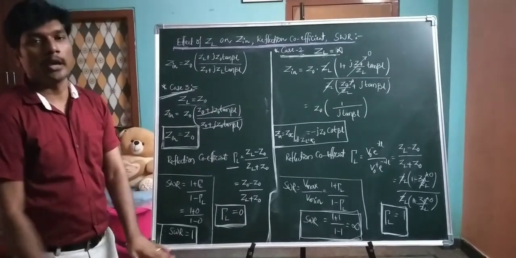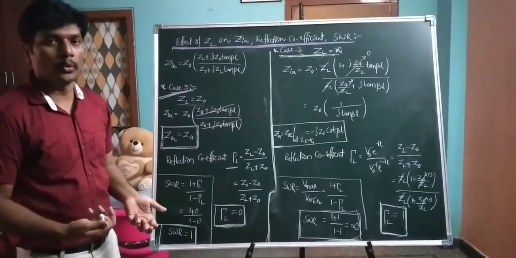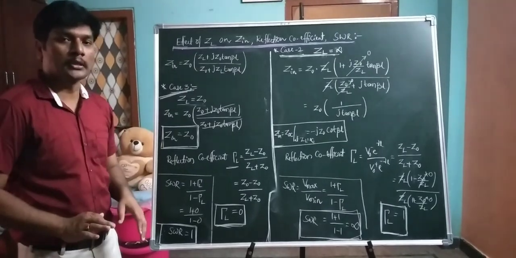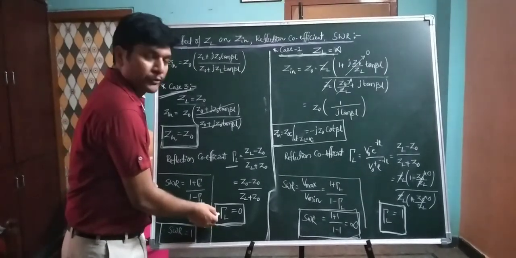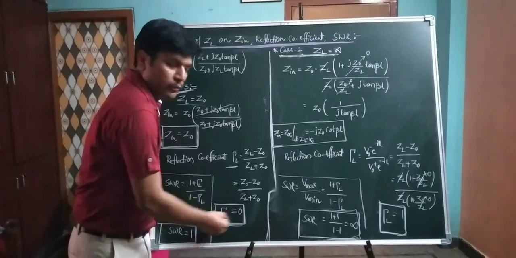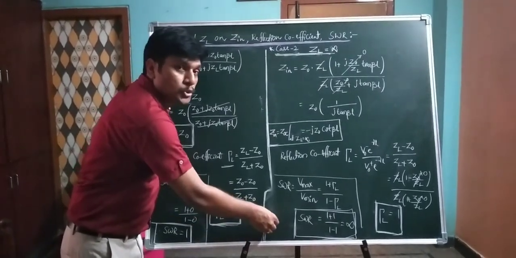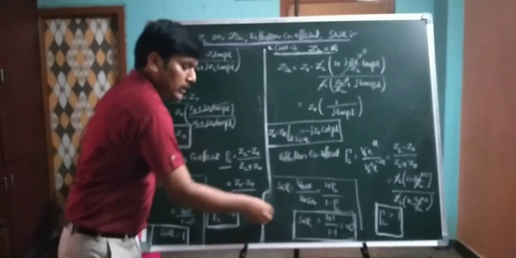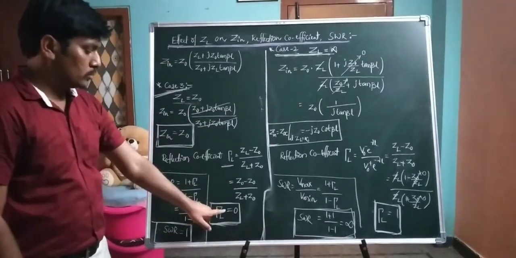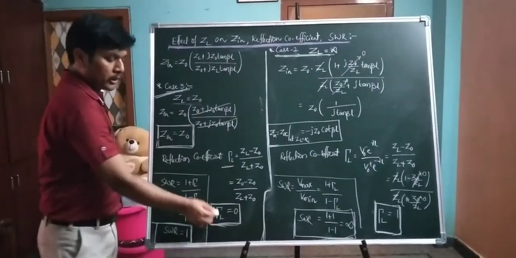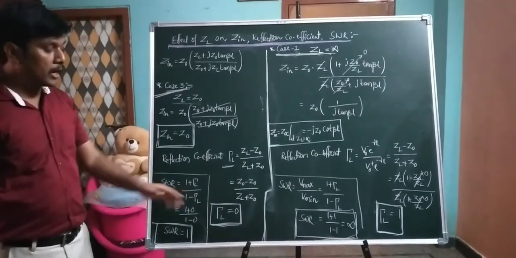One thing you have to clearly observe, reflection coefficient equal to 0 means which signal becomes 0, right? By the definition, reflection coefficient is nothing but reflecting signal divided by incident signal. That equal to 0 means reflecting signal equal to 0. That is the physical meaning of the reflection coefficient as 0.